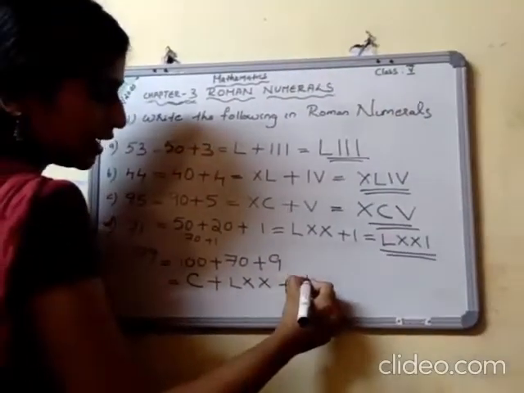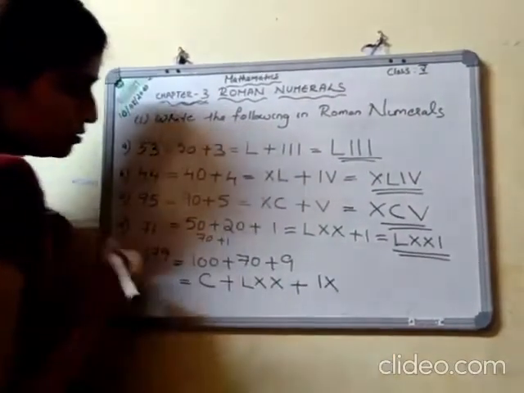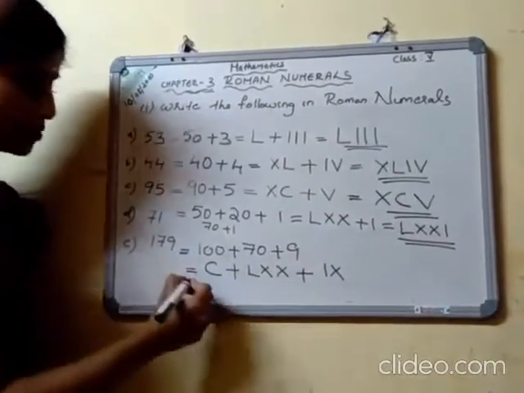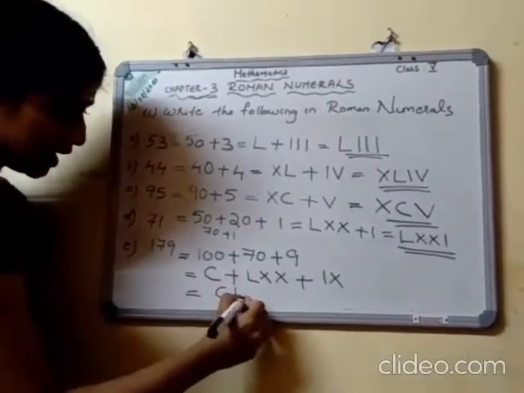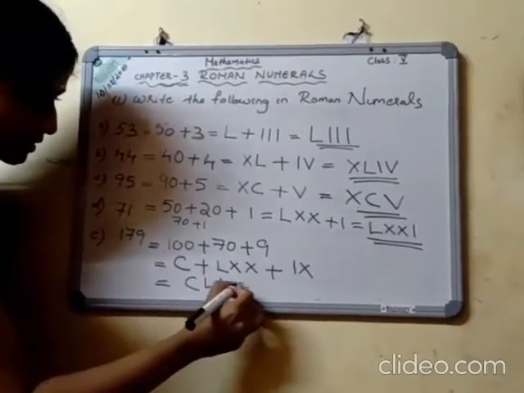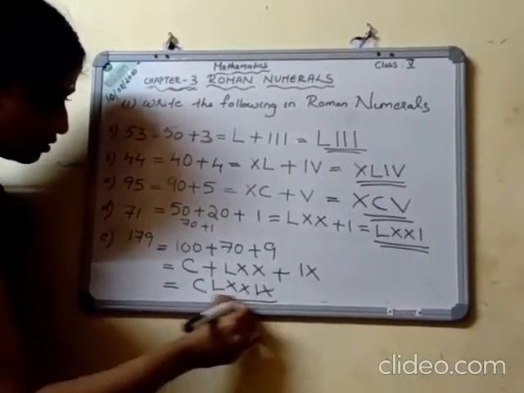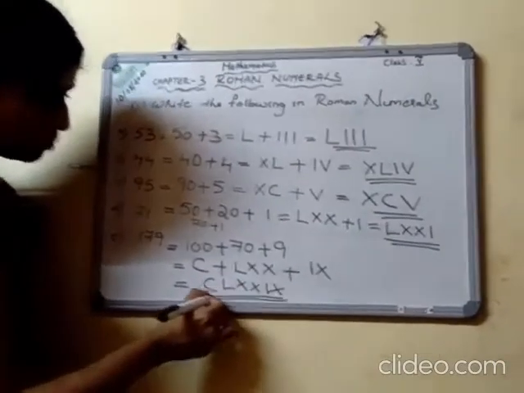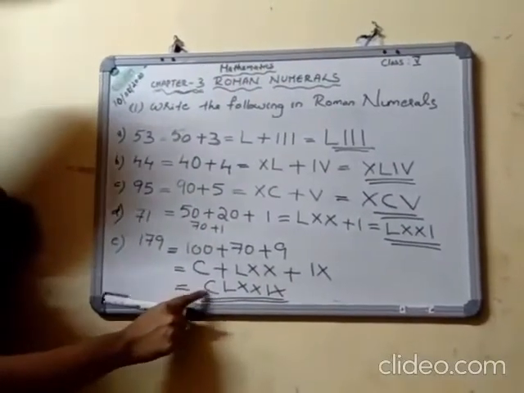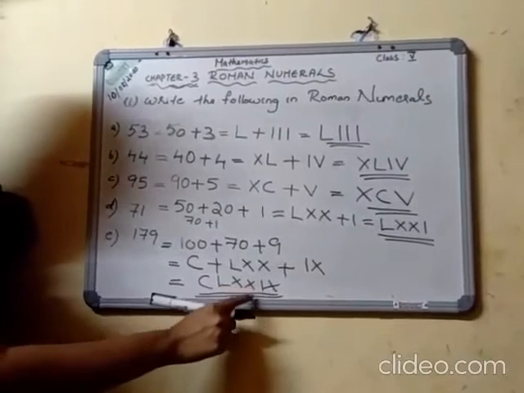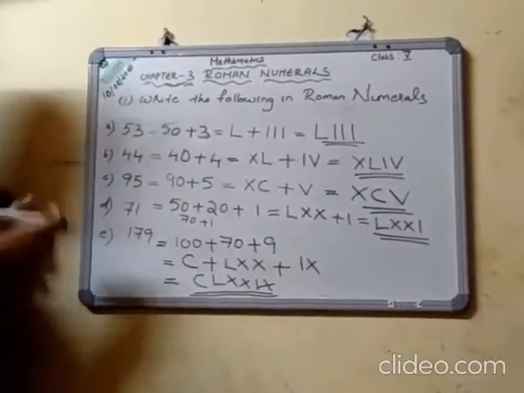How can you represent 9? IX. So 179 can be represented as CLXXIX. This is the Roman representation of 179.